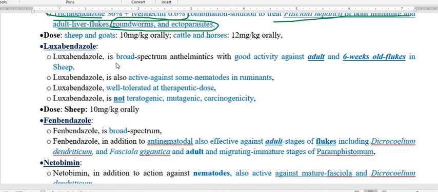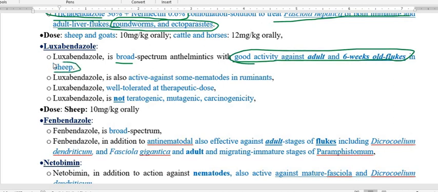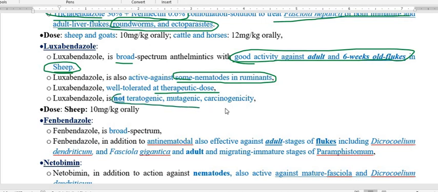Luxabendazole is also a broad spectrum drug, with good activity against the adult as well as 6 week old flukes. So this is an important point. It is used mainly in sheep, and also shows some activity against nematodes in ruminants. It is a well tolerated drug because of its high therapeutic index, and is not teratogenic, mutagenic, or carcinogenic.